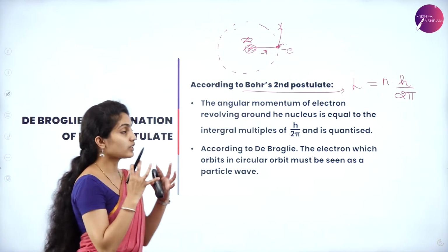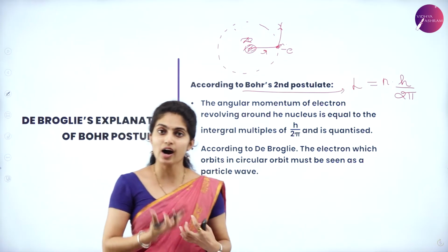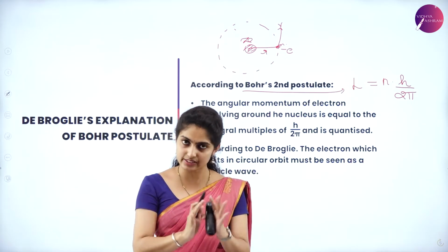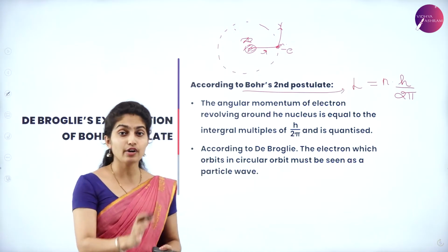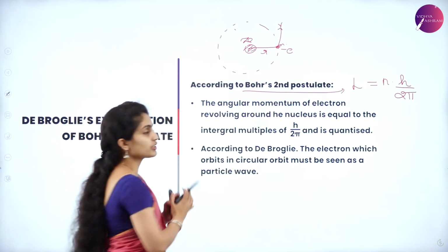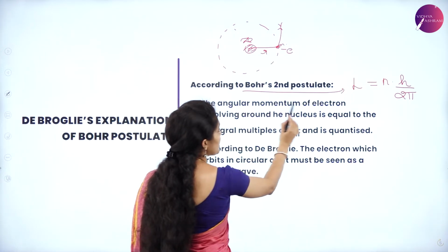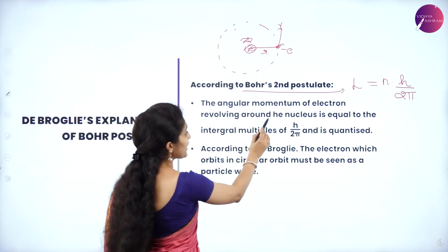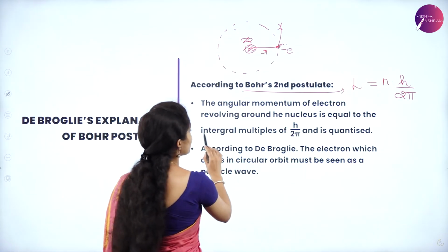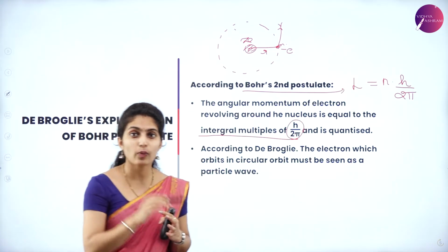This was the introductory setup for us to understand how exactly the electron moves in a stationary orbit. Now, what did de Broglie do? He held the concept of Bohr's second postulate, which says that the angular momentum of the electron revolving around the nucleus is equal to integral multiples of h by 2 pi, and it is said to be quantized.